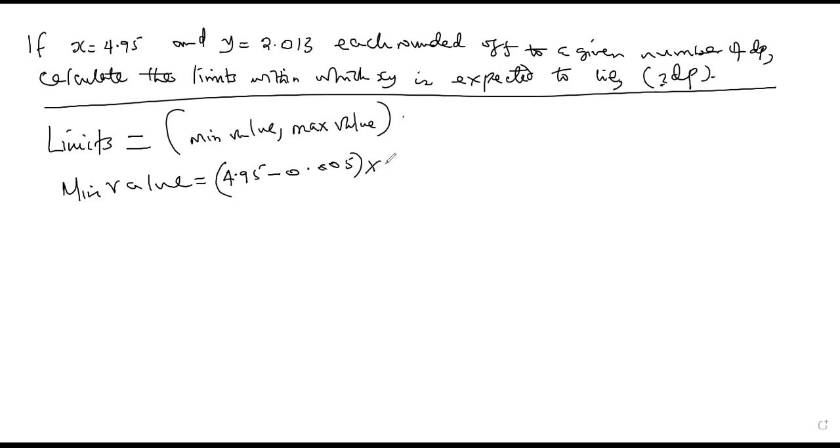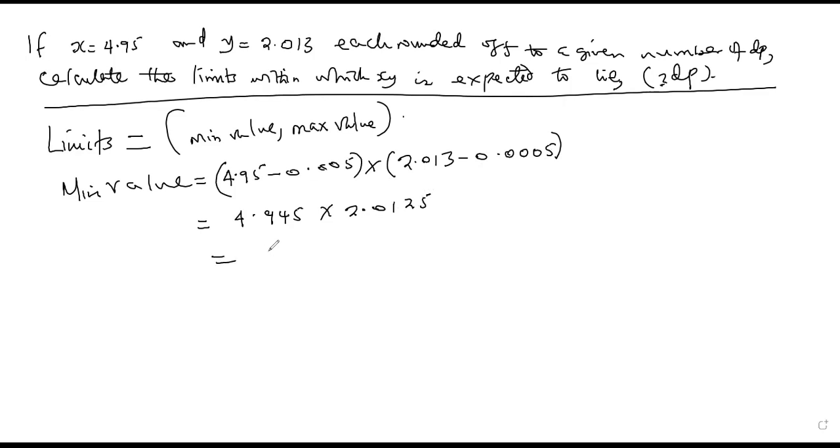Then we multiply by the minimum of y, which will be 2.013 minus the error 0.005. So this is going to give you 4.945 times, if you subtract this, you get 2.0125.